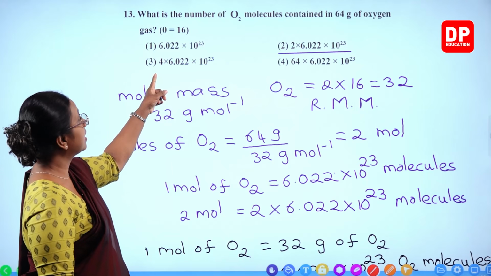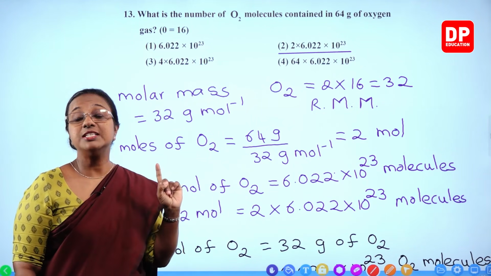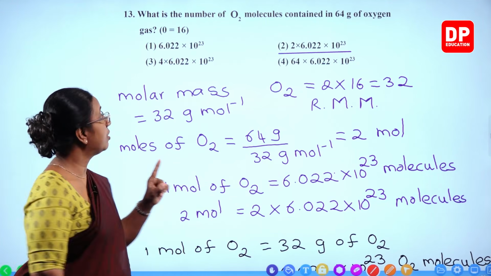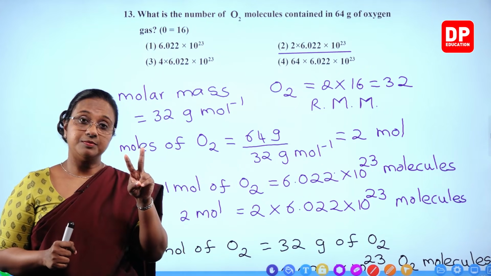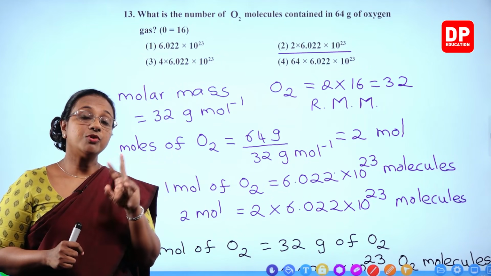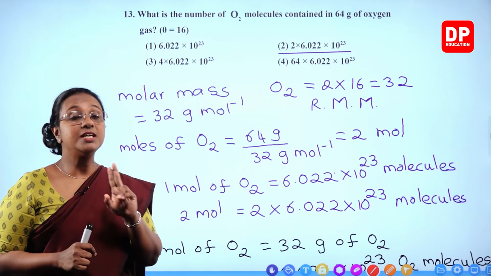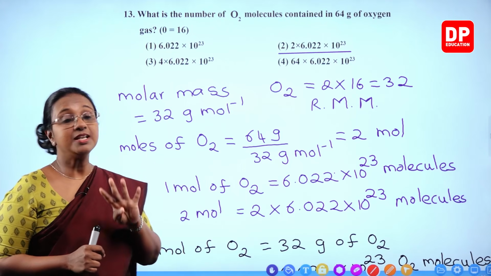This will become the answer if they ask you to find the number of oxygen atoms. Now you all know, students, in one molecule of oxygen O2, there are 2 atoms. So in 64 grams of oxygen gas, there are 2 moles of oxygen molecules, but there are 4 moles of oxygen atoms.